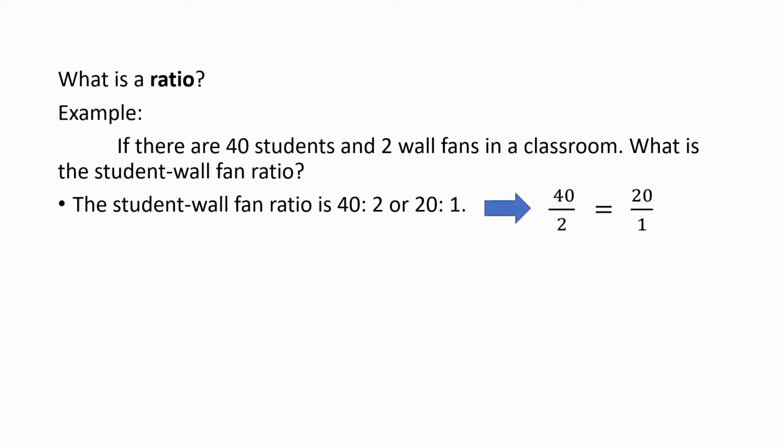Or we can express the ratio in the form of 40/2, but we still have to reduce that to lowest term. Again, divide both numerator and denominator by 2. So 40 divided by 2 is 20, and 2 divided by 2 is equal to 1. So 40/2 is equal to 20/1. That is the student wall fan ratio.